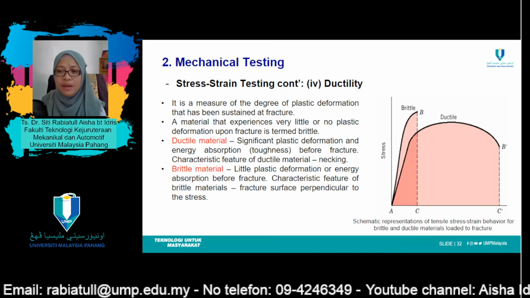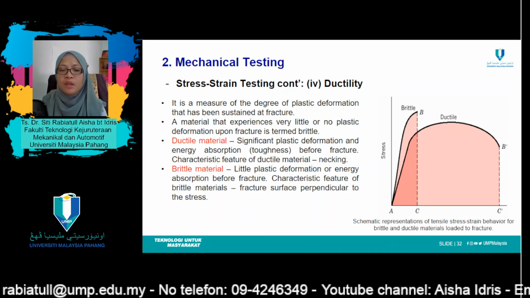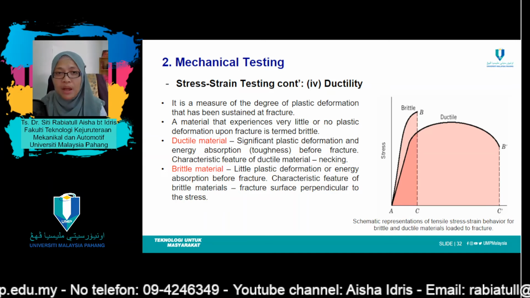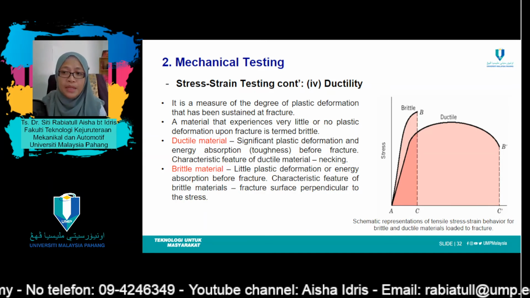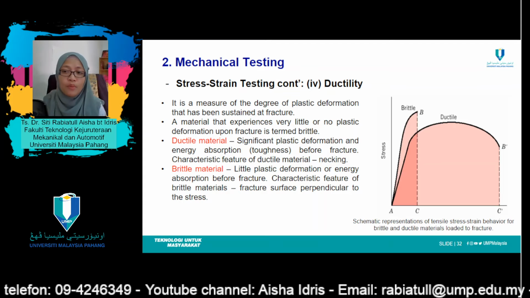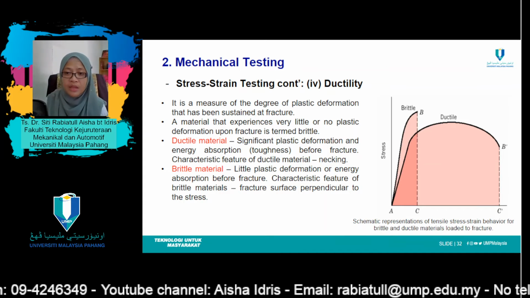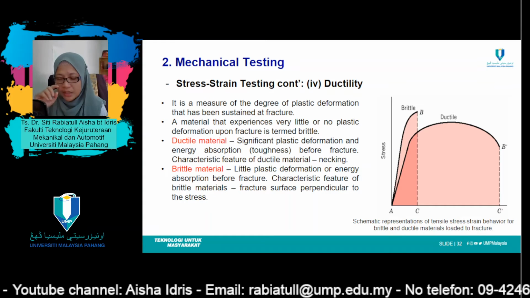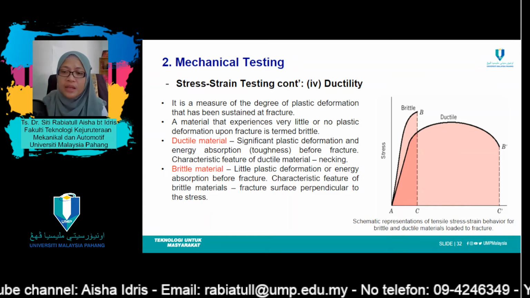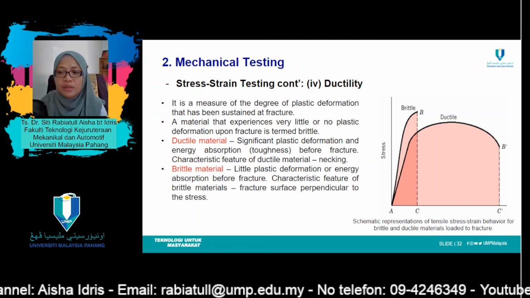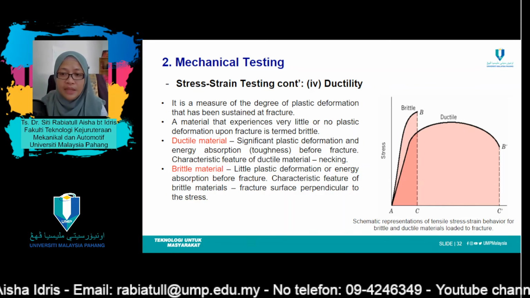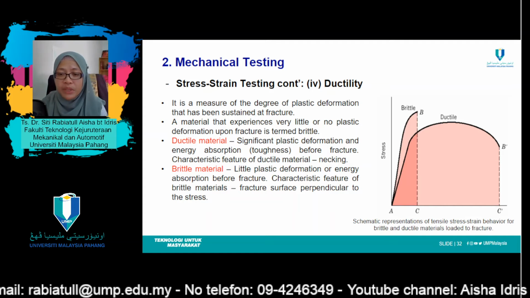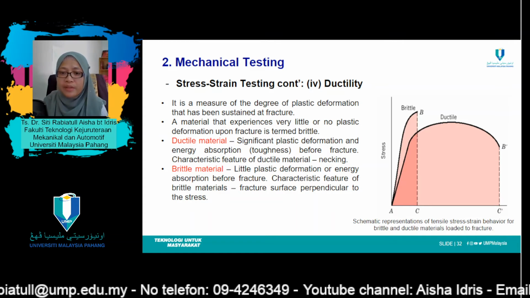Whereas if a material suddenly breaks straight away after the load is applied, without any deformation, that is known as a brittle material. The structure failure is different for brittle and ductile materials. For ductile material, it will have necking, whereas for brittle material, the fracture surface is perpendicular to the stress.